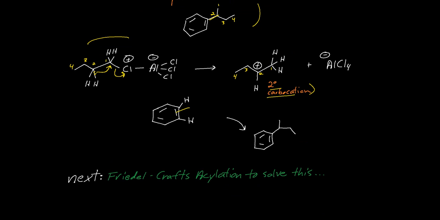The benzene ring can go and straight away form, and the carbocations are strong electrophiles. They have a full positive charge. So we form a bond to that, and then following an elimination step in the same way, 1, 2, 3, 4, we get this unwanted product. So you're going to get a mixture of products.